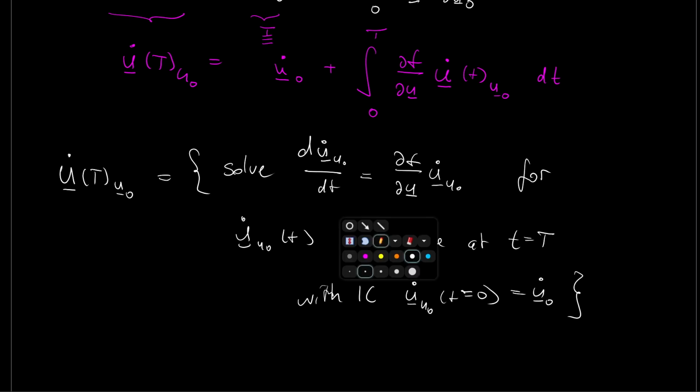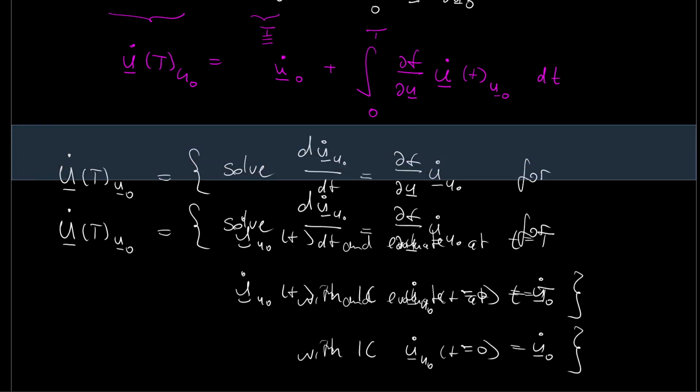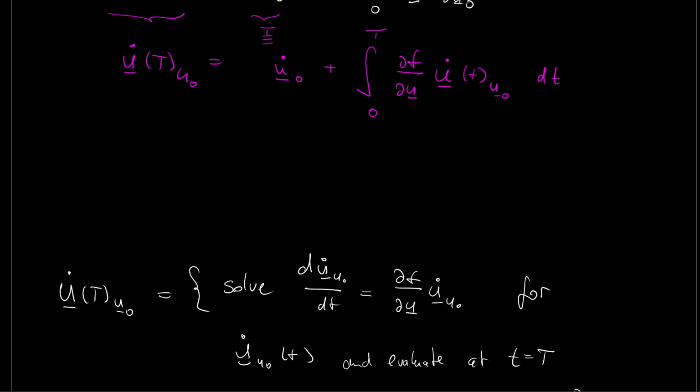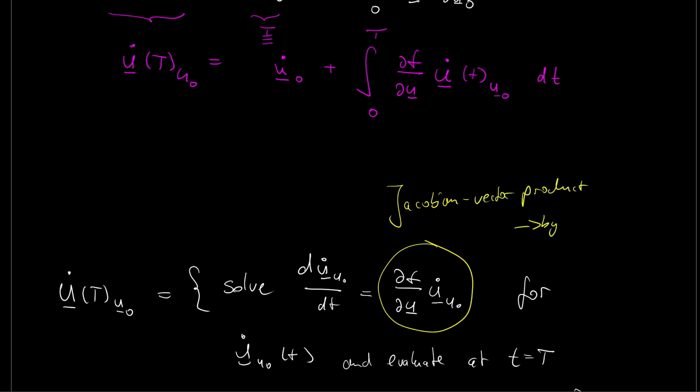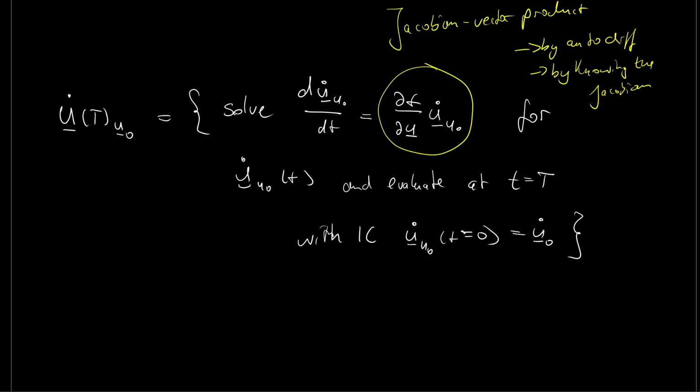And again, we can make some discussion on that problem. So essentially what we see here is another Jacobian-vector product, same strategy as before. We can either evaluate that by autodiff, or by knowing the Jacobian. And in contrast to the problem we had for the theta vector, which I think is an interesting contrast here, we see that our problem is still linear.